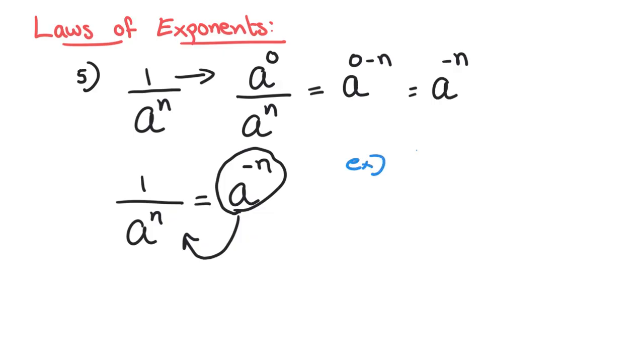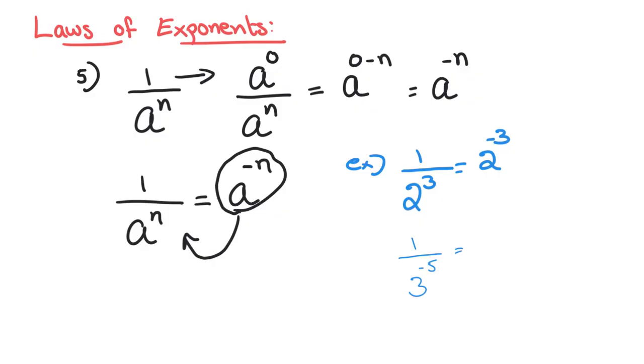Tell me, 1 over 2 to the power 3. What will it be? It will be 2 to the power negative 3. Isn't it? Okay. 1 over 3 to the power negative 5. What will it be?